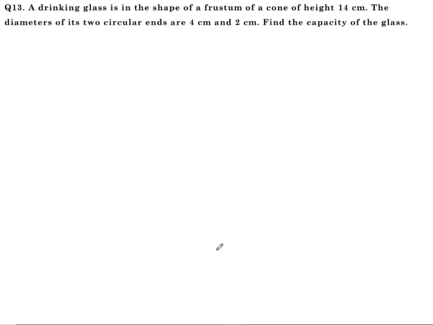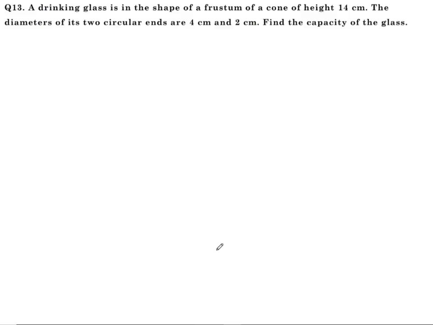Up to 9th standard you have learned surface areas and volumes of cube, cuboid, cylinder, cone and sphere. The newly introduced concept here is the frustum of cone. Hence, try to solve questions on frustum of cone.